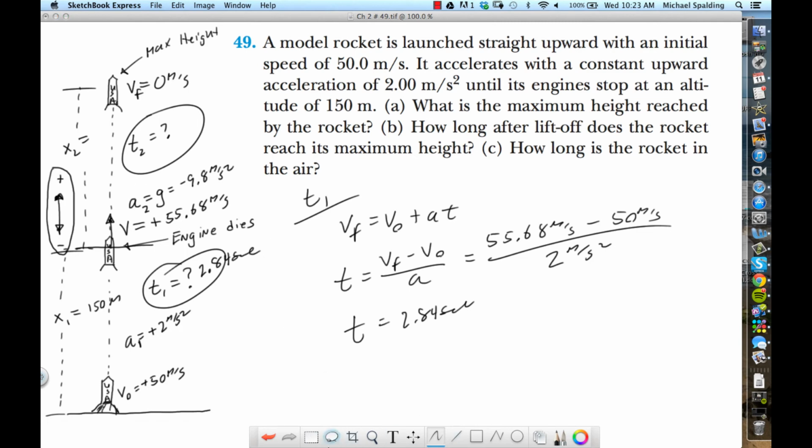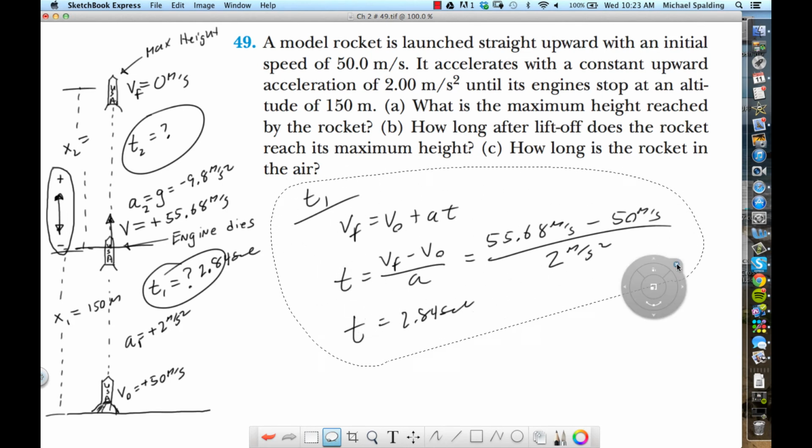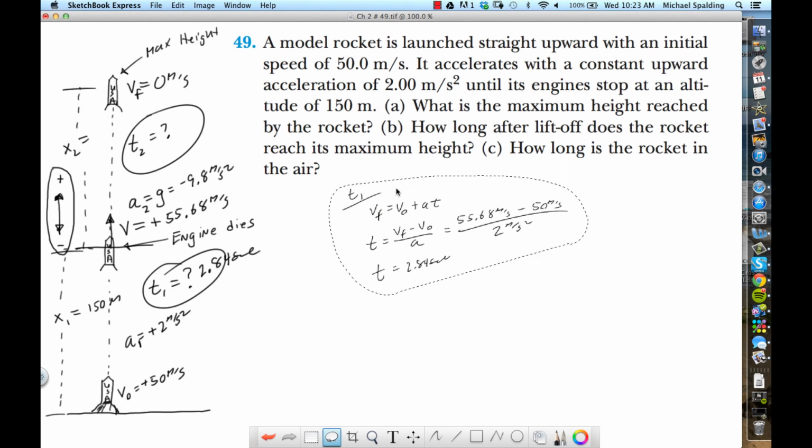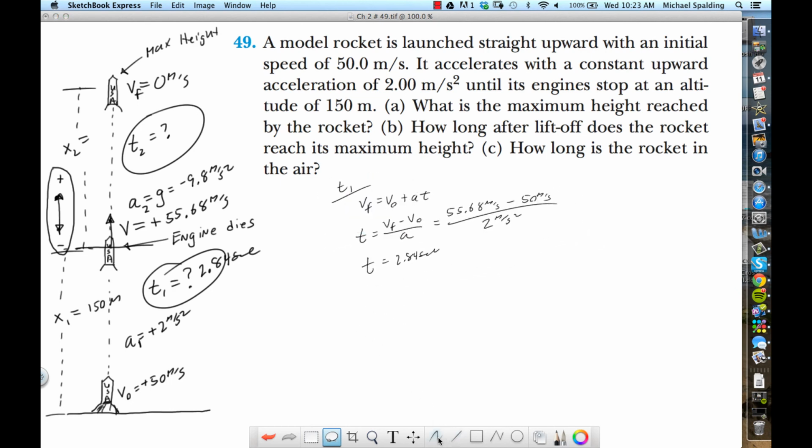Okay, now we solve for T2. So T2, I would go same equation. I'm just going to use this exact same equation right here. So V final for part 2 is 0 minus V initial, which is 55.68.